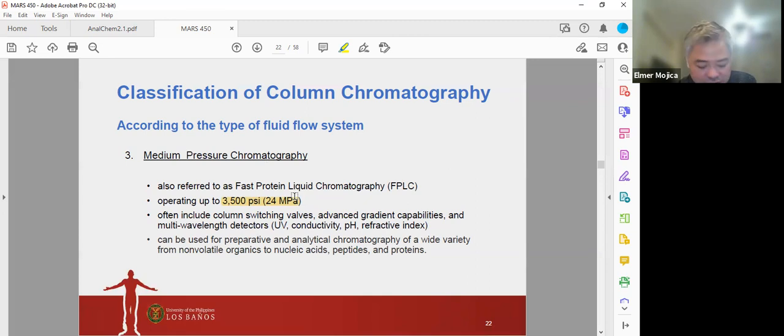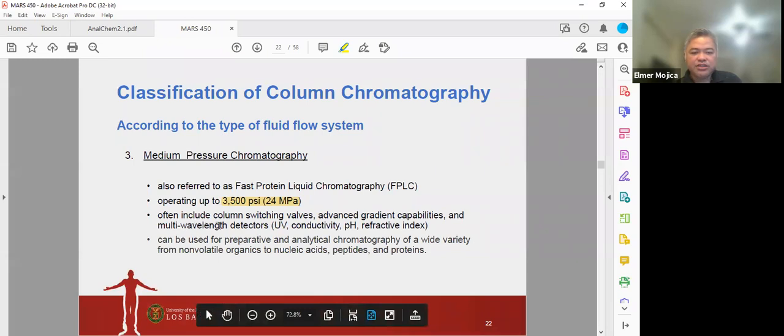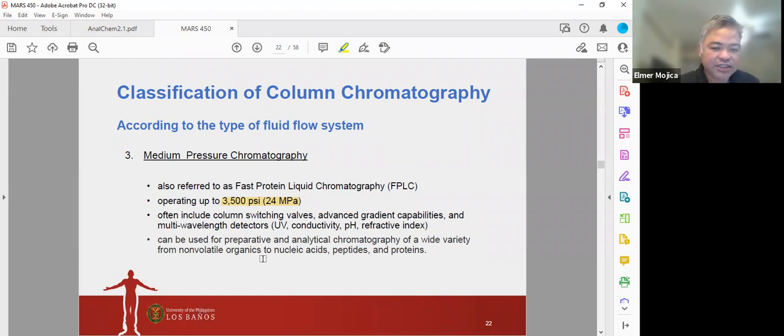It is also referred to as the fast protein liquid chromatography. It often includes column switching valves, advanced gradient capabilities, and multi-wavelength detectors like UV, conductivity, pH, and refractive index. It can be used for preparative and analytical chromatography of a wide variety, from non-volatile organics to nucleic acids, peptides, and proteins.